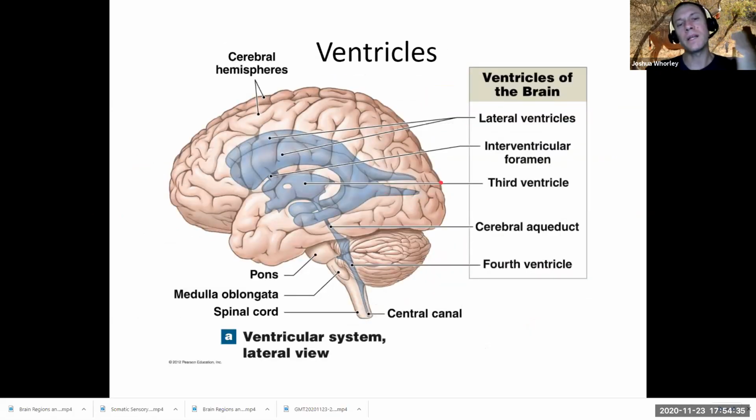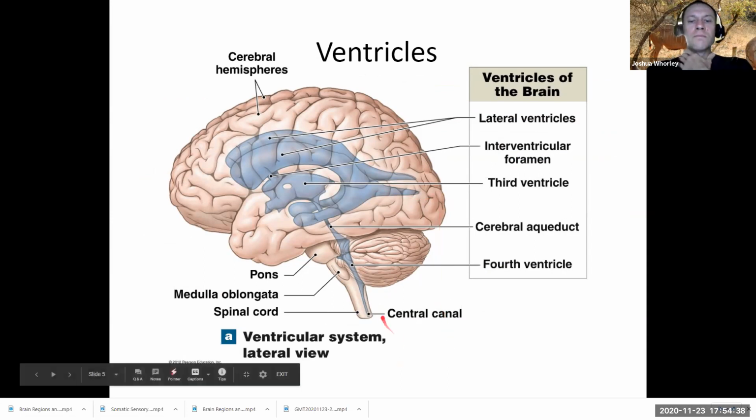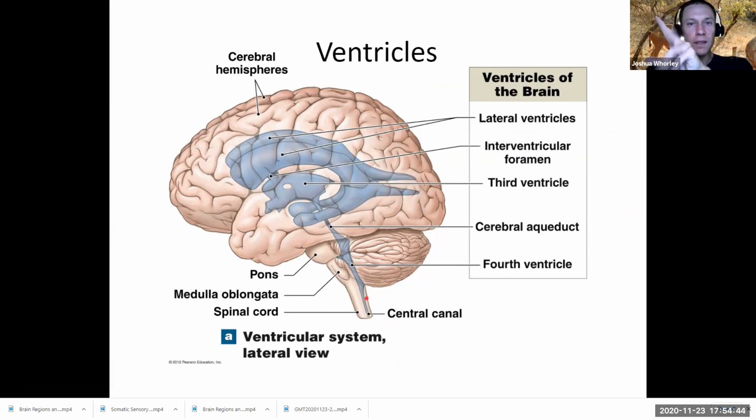Just to remind you of our spinal cord and the central canal of the spinal cord, right? It's lined with ependymal cells that are ciliated and circulating cerebrospinal fluid. Well, that actually goes right up into the brain, given that the brain is just an anterior extension and elaboration of the spinal cord.